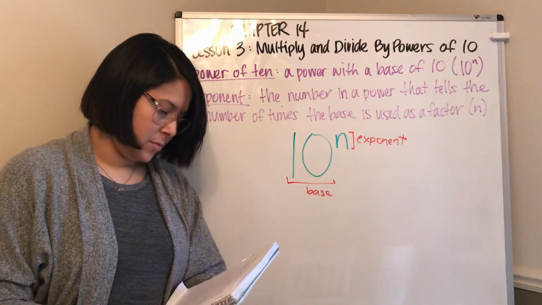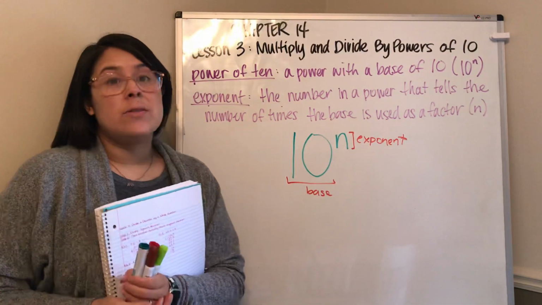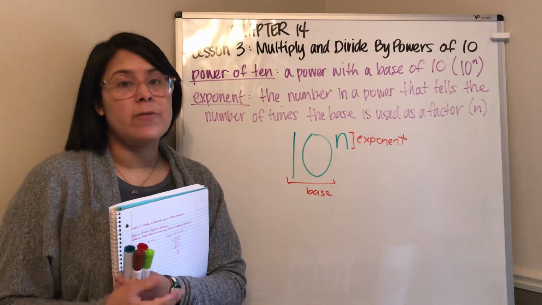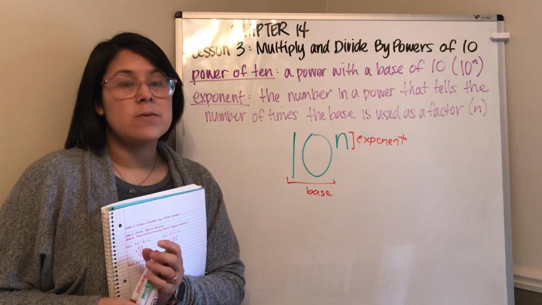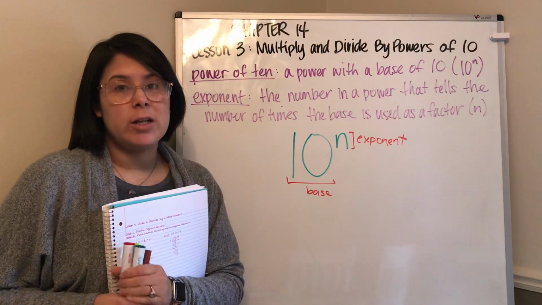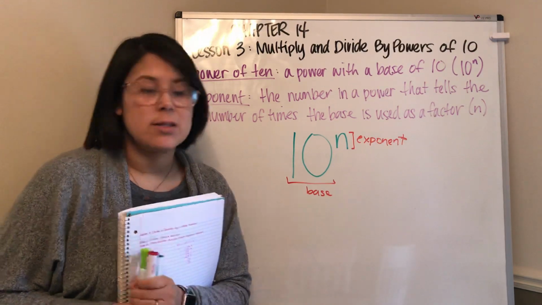All right. So I'm going to write some powers of 10 just for reference that you're going to write down. You don't have to memorize them, but you're going to use them often enough that you are going to recognize them very easily.